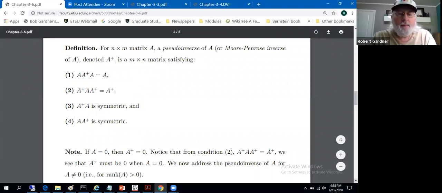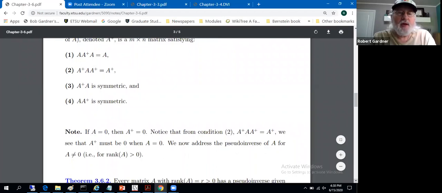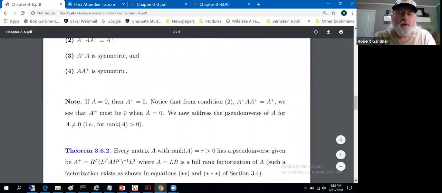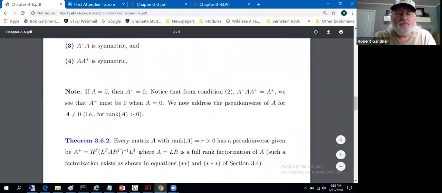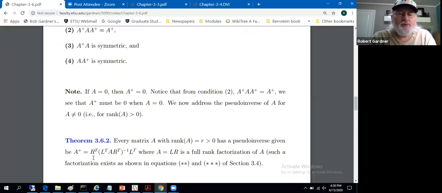Okay, well, what about non-zero matrices? What about those with rank greater than 0? The claim is every matrix A with positive rank, call it R, has a pseudo inverse given by a formula. We're going to introduce matrices R and L to be described shortly.